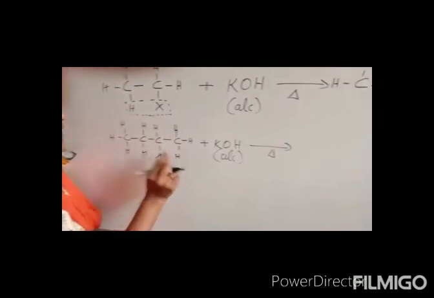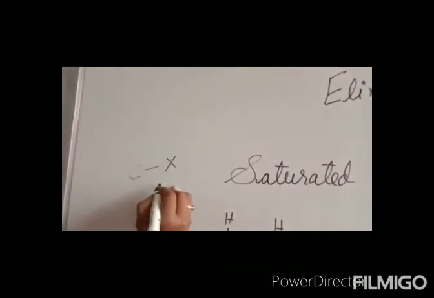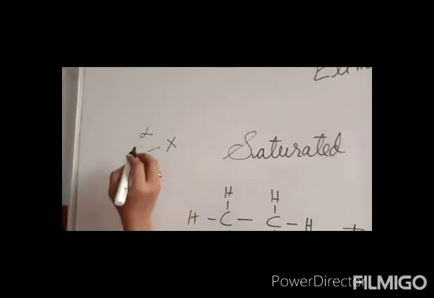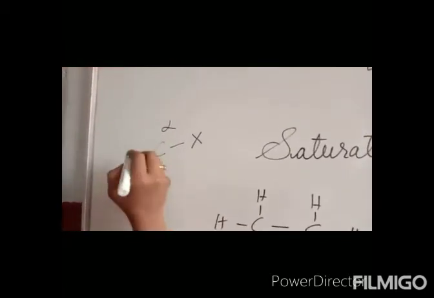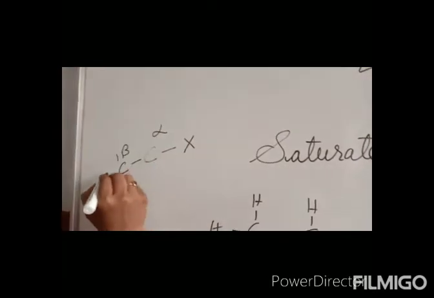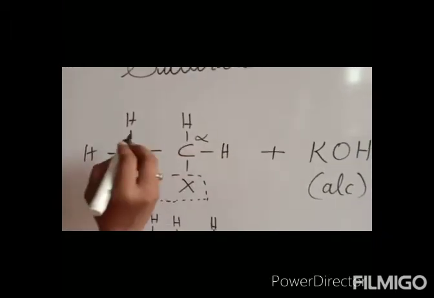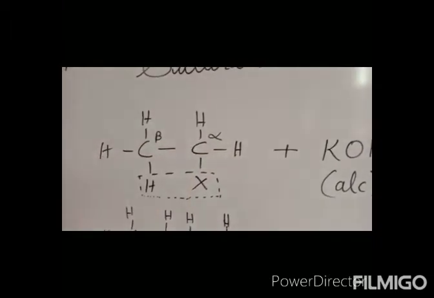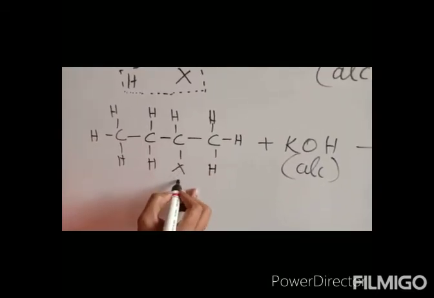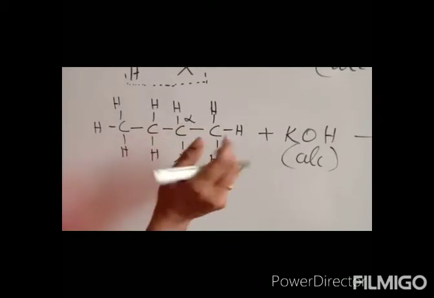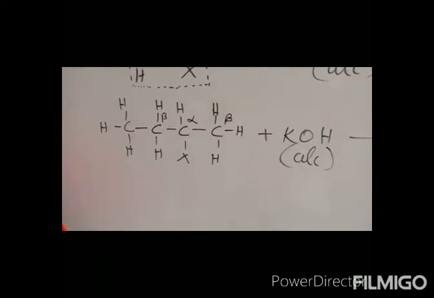Now, in this particular case, obviously I forgot one thing: the carbon which is attached directly with the functional group is called the alpha carbon atom, and the carbon which is attached with the alpha carbon atom is called the beta carbon atom. Right? So, in this case, this is my alpha carbon atom, and I have a beta carbon atom over here and a beta carbon atom on this particular side also.